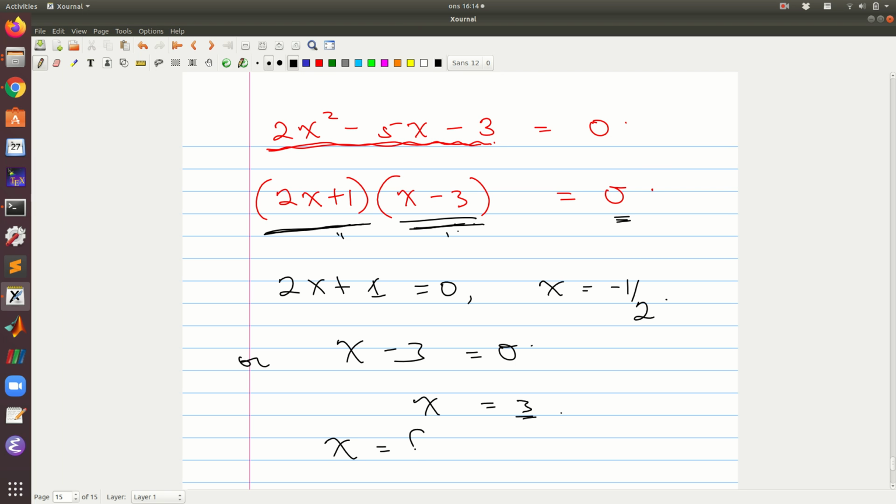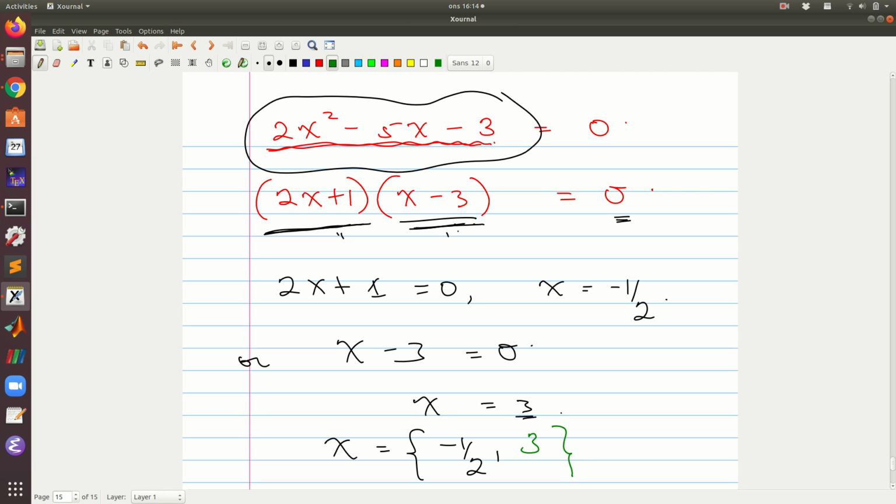So then we have that the values of x are negative 1/2, it satisfies this, and the other value of x is 3, and 3 also satisfies that, equals 0.